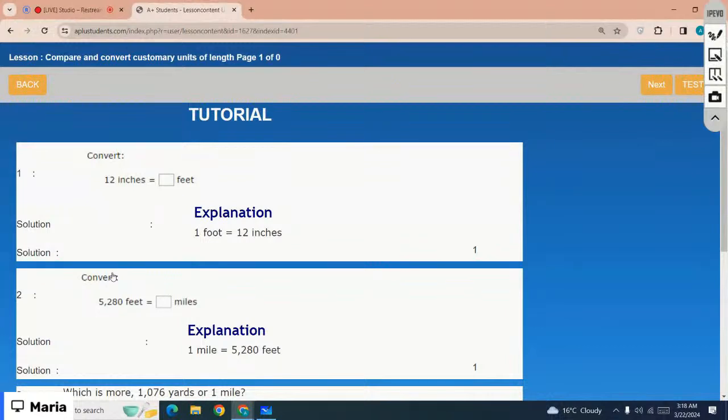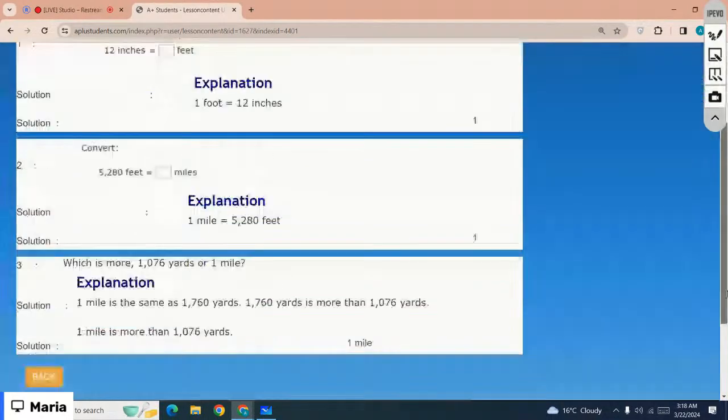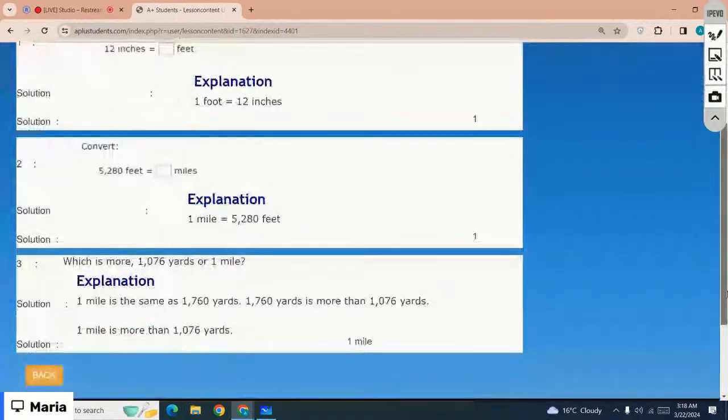Got it? Okay, the second one is convert 5,280 feet equals how many miles? So 1 mile equals 5,280 feet. Got it? Which is more, 1,076 yards or 1 mile?